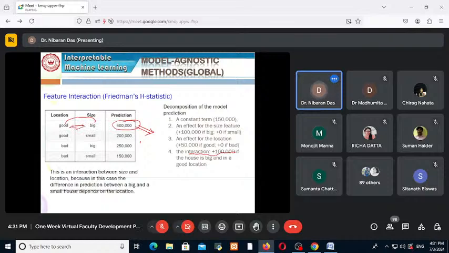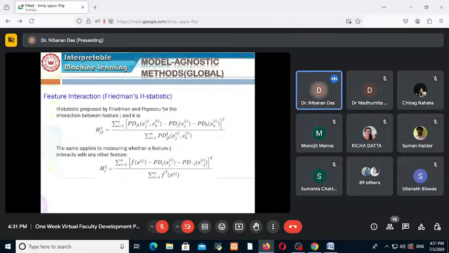This is good and big. This is an interaction between size and location, because in this case the difference in prediction between a big and small house depends on the location. So feature interaction is based on the partial dependence between the two features xj and xk, the PDjk, and if they are independent, then PDjk becomes equal to the sum of the individual ones. If the interaction is strong, then it will become 1.